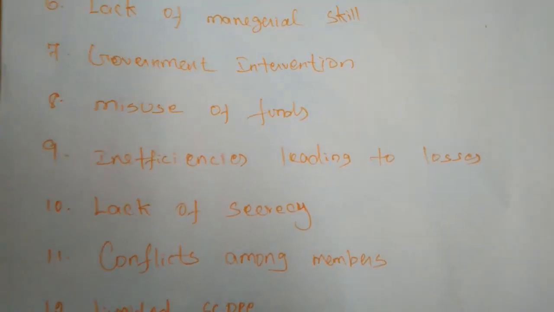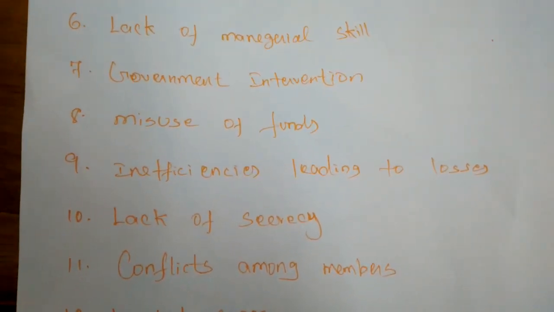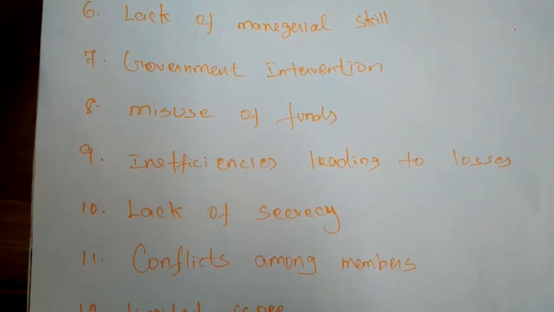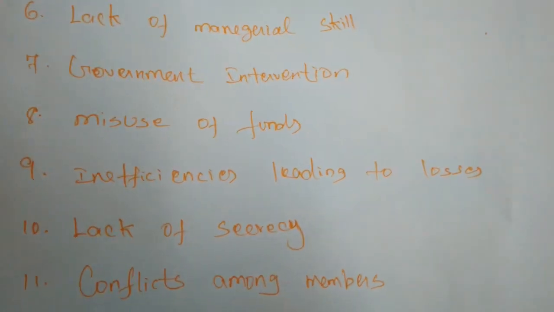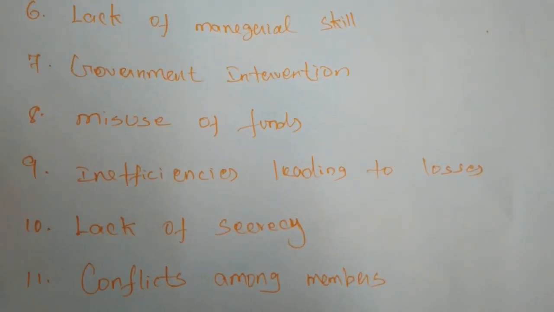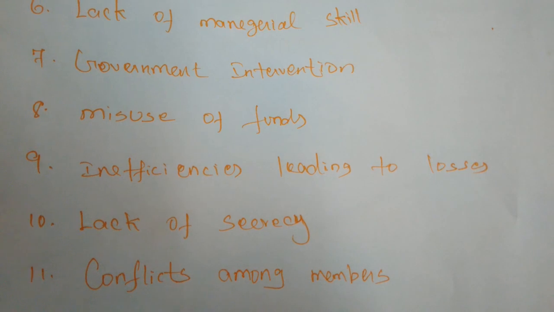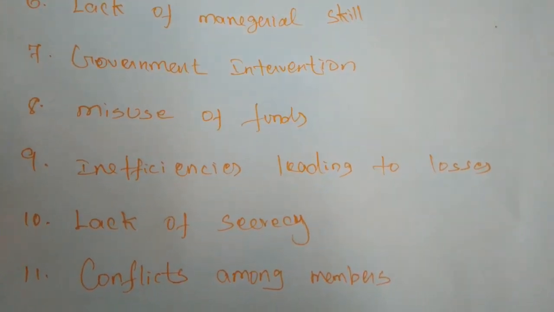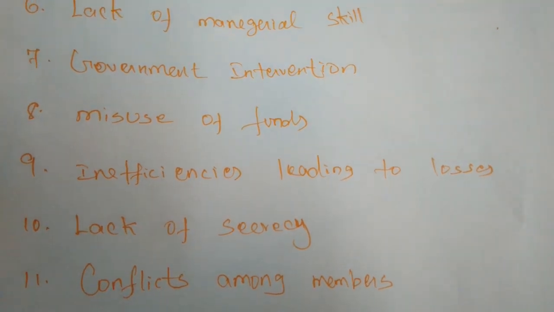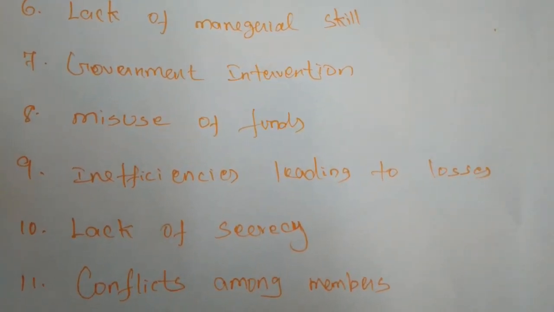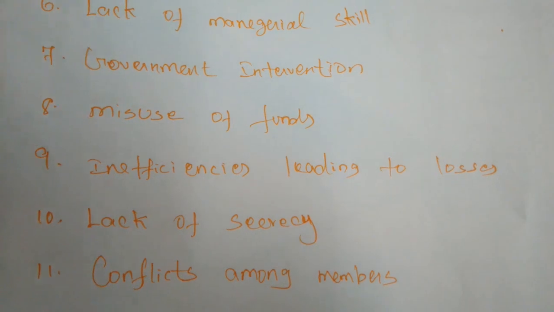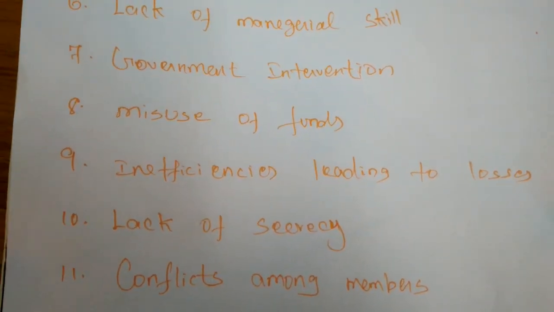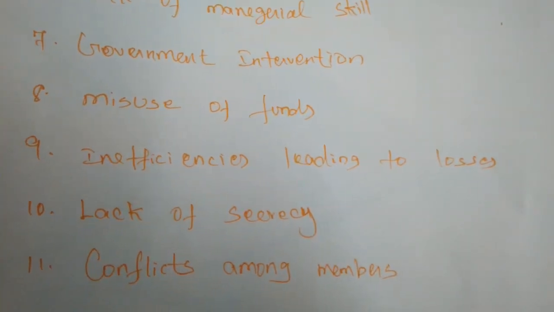The cooperative organizations also cannot provide more remuneration or salary for their labourers. If they want to recruit the best or talented persons, they have to provide more salaries, but that is not possible in cooperative organizations. So the cooperative organizations face losses because of inefficiencies.